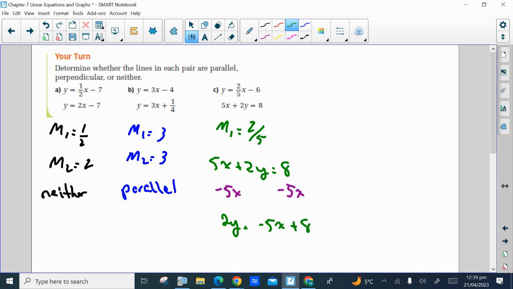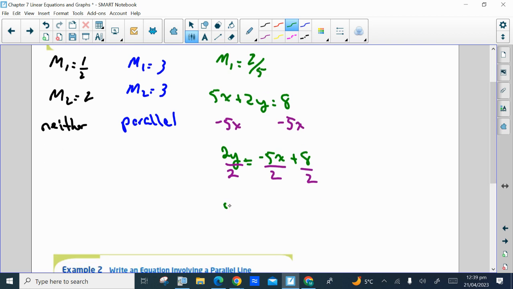Are we done? Do we know what the slope of that line is? What do we have to do? Yeah, we got to get positive y by itself by dividing everything by 2. Now we have positive y by itself on the left. It'll be negative 5 over 2x plus 4. So what's the slope of the second line?